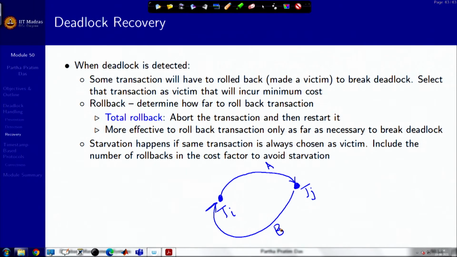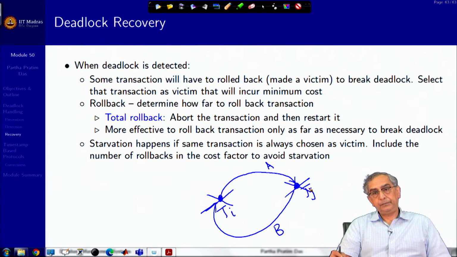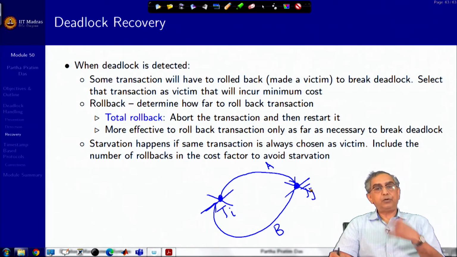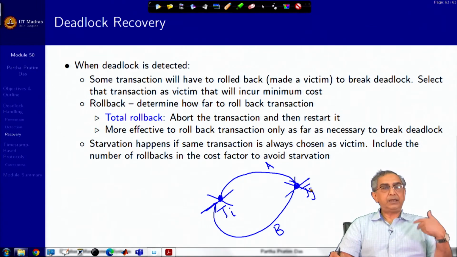Then the only way to break this deadlock is either to kill this transaction, roll it back, or to kill this transaction, roll things back. As we do that, then the corresponding data item gets released and the other one can get it, right.